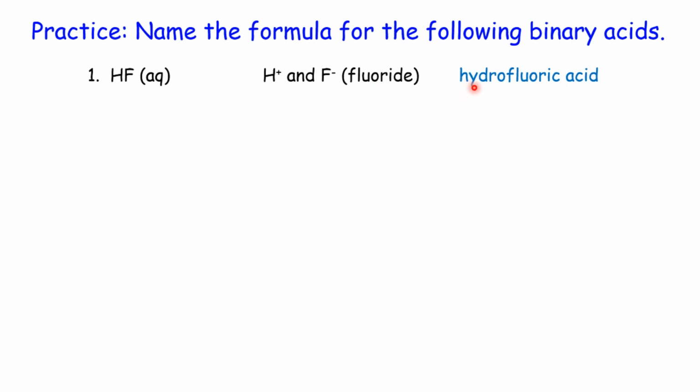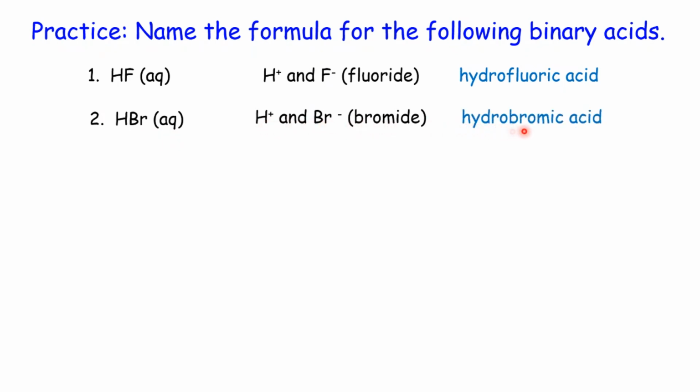Therefore, the name has to start with hydro because it's a binary. Hydrofluoric acid. HBr, hydrogen ion and bromide, hydrobromic acid. Remember, you have to use IC as the suffix in binary acids.